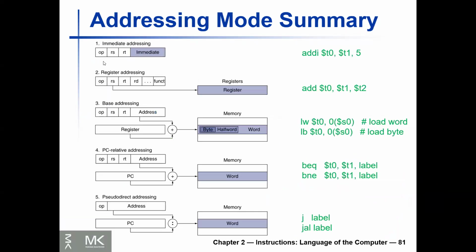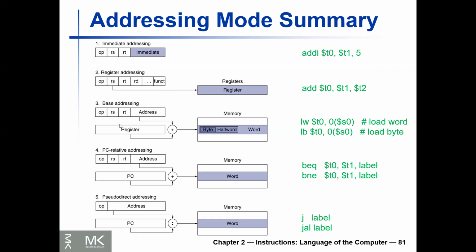Now, it is the same revision summary. If I have immediate addressing, definitely we will have this type of thing, and we have a constant, and then this is the immediate. If we have register addressing, we have 3 registers, each with 5 bits. We already know about it.